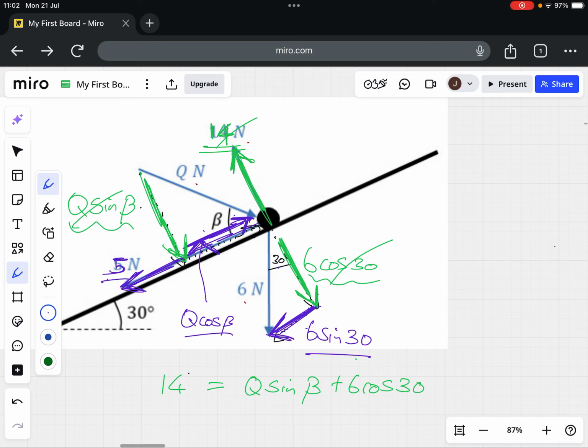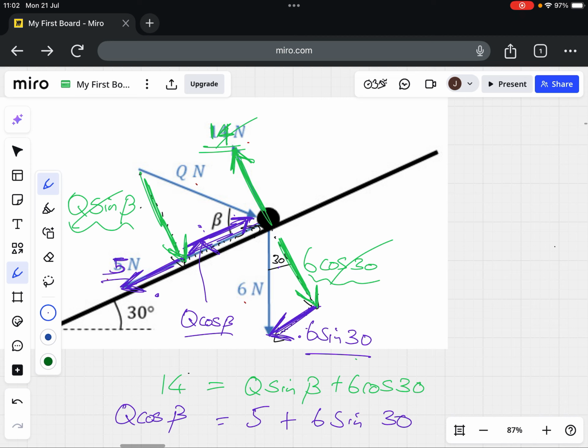So I've got going down, going down, going up. So let's do the ones going down first. 5 plus 6 sine 30 equal to the one going up. Well, that's Q cos beta. And there we are. Those are our equations there for us to work it out.